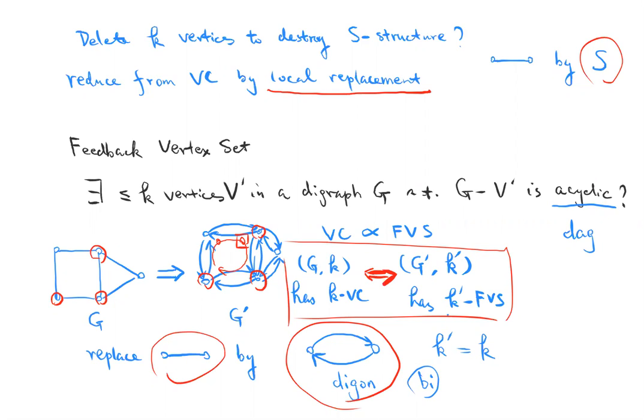We uniformly replace each clause of a certain size by a collection of triples. So that's the idea of local replacement. It's very useful for some simple proofs; of course, difficult proofs usually involve more things. So that's one example of a reduction from vertex cover to feedback vertex set.